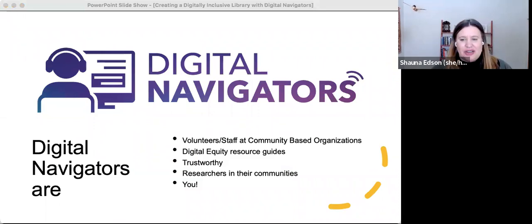Okay, Digital Navigators support patrons by meeting them where they are. They embody the support services that libraries already offer in the form of a staff member placed in a neighborhood branch or partner community-based organizations. They provide one-on-one technology support rather than one-time interactions.